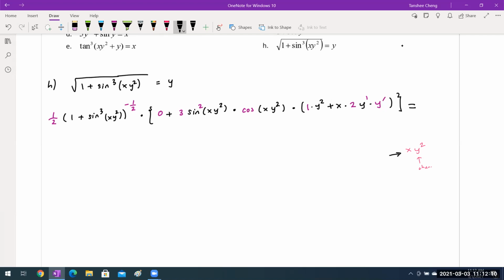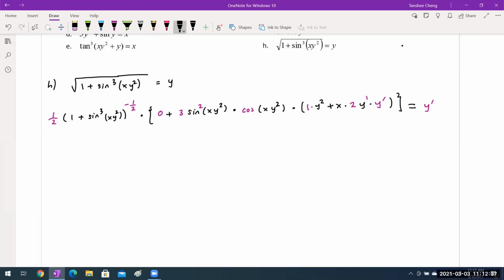And equal to the derivative on the right-hand side, the derivative of y with respect to x, which will be y prime. Now we need to simplify to get our y prime. So remember that this factor is in the denominator because of the -1/2 power. So I'm going to multiply both sides by the reciprocal to get rid of this factor.